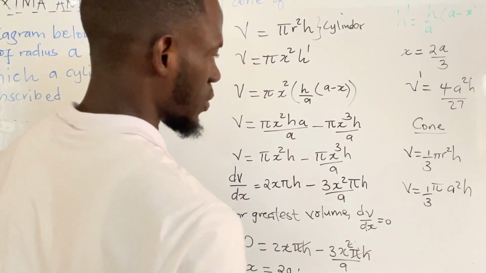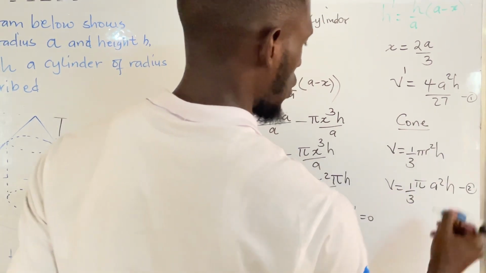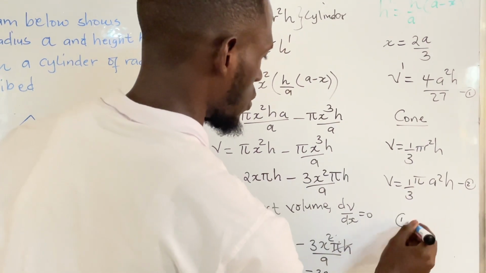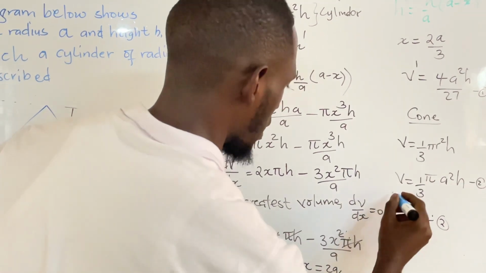Now, I can combine these two. How can I combine the two? If, for example, this is equation 1 and this is equation 2, I can choose to say equation 1 divided by equation 2.